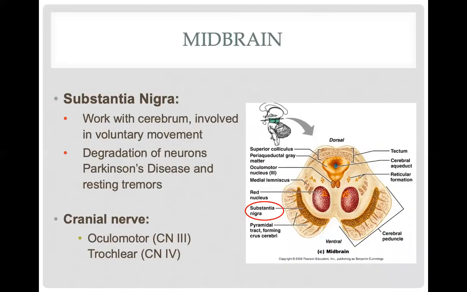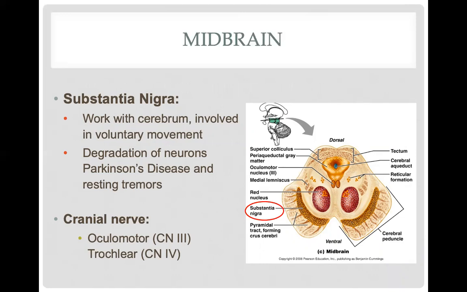Another structure that is very clear in a midbrain, and you can see it in a cross section of the midbrain, is a structure called substantia nigra. It's these semilunar structures you can see. These are essential because they are involved in voluntary motor, or basically control of skeletal muscle movement.